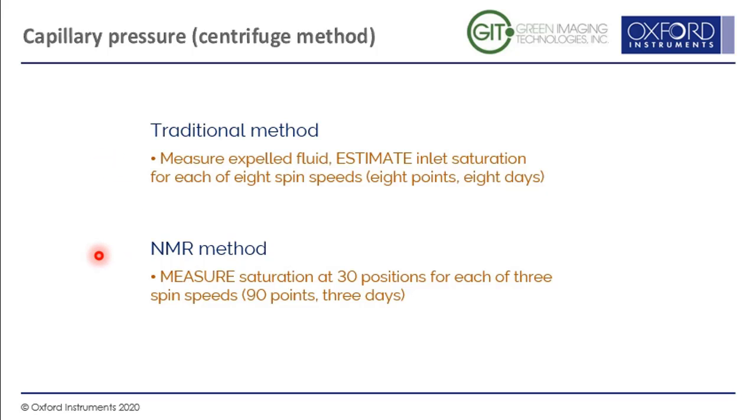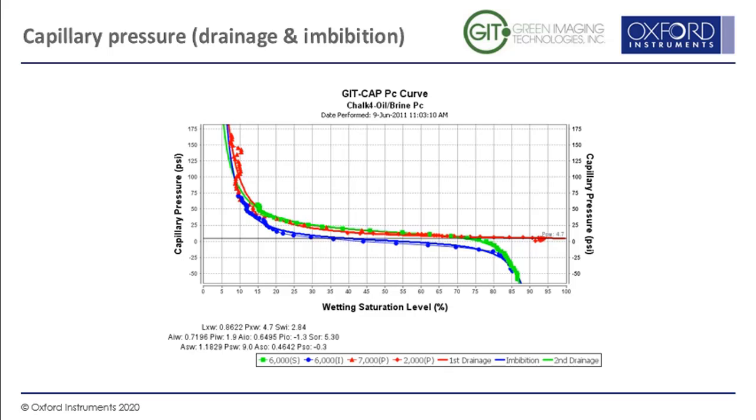The NMR method, on the other hand, measures the saturations at up to 30 positions for each of 3 spin speeds, giving us 90 data points over a period of only 3 days. The NMR method allows the fluids in the core and surrounding it in the holder to be reversed in order to generate both drainage and imbibition curves.